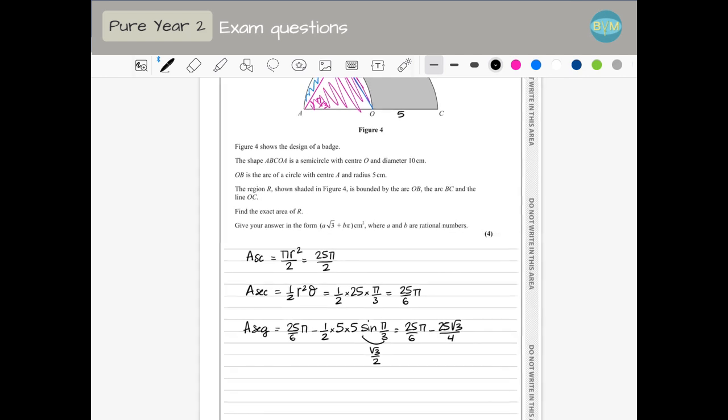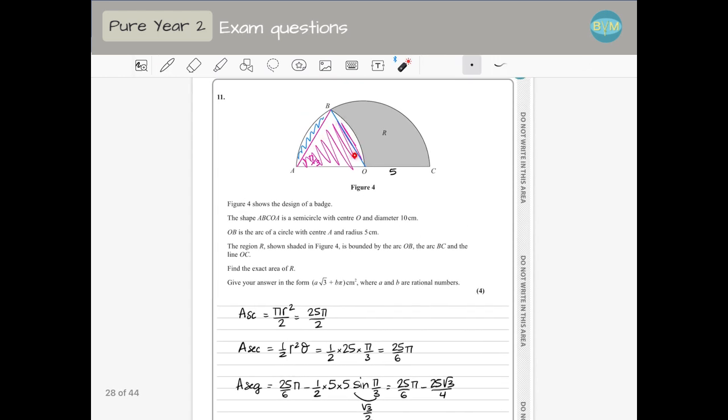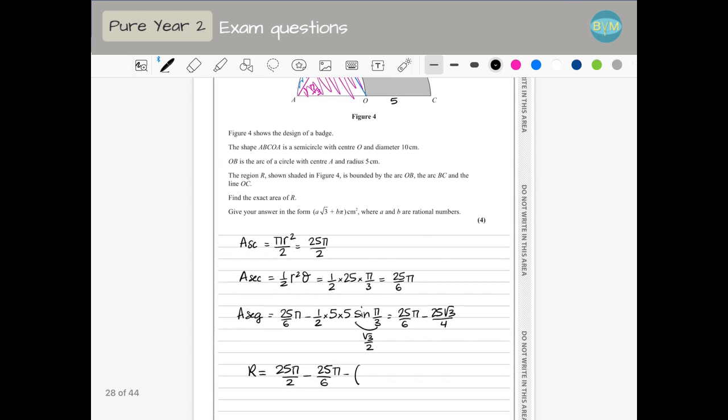And when we put things together, the shaded area is the semicircle, which is this one, minus the sector, minus the segment. So I'm subtracting the pink sector and then I need to subtract the blue segment. The blue segment is this: 25/6 pi minus 25√3 divided by 4. And when we rearrange this, we have what we need.